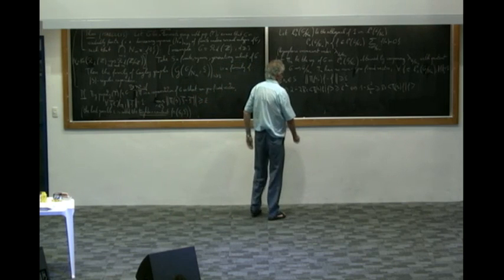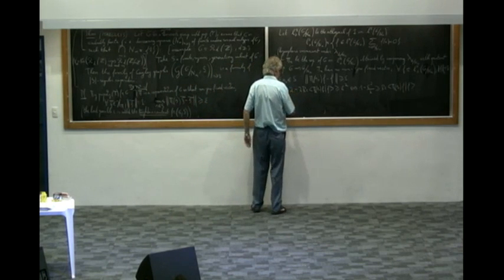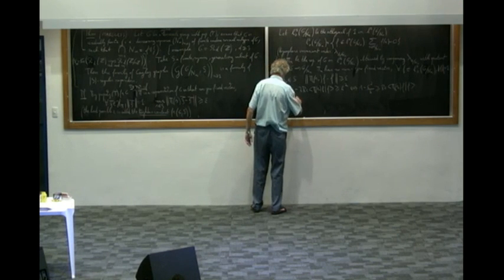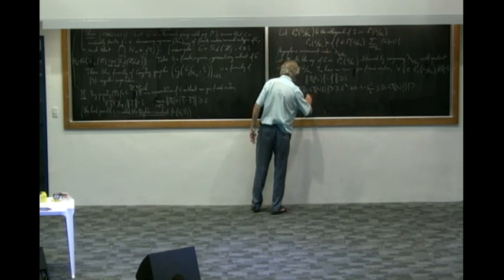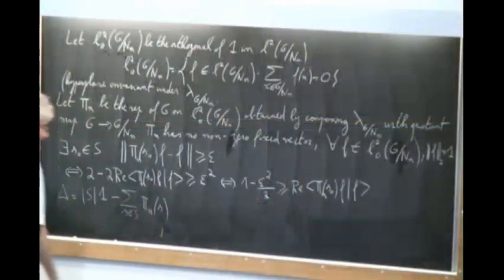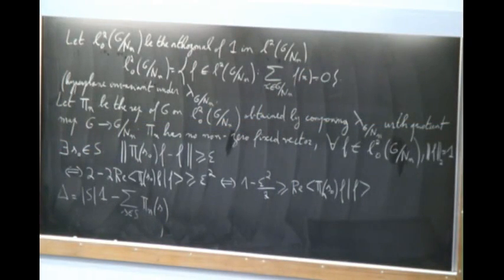But so let us do that. So remember that the Laplace operator is the cardinality of S times identity minus the sum over s in S of pi sub n s. So here I'm using the fact that all of my Cayley graphs come from this generating set from above.